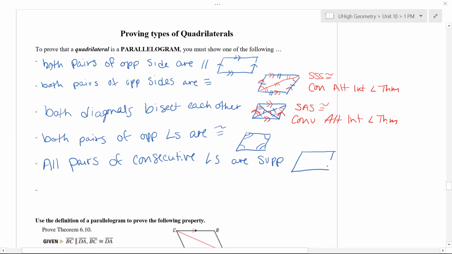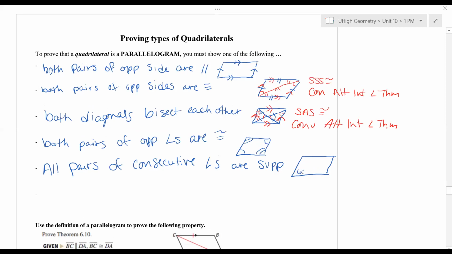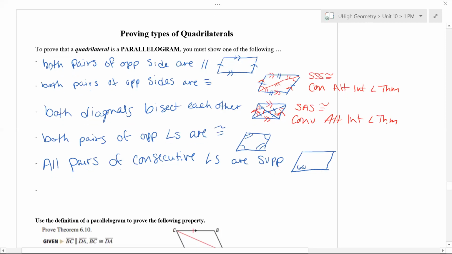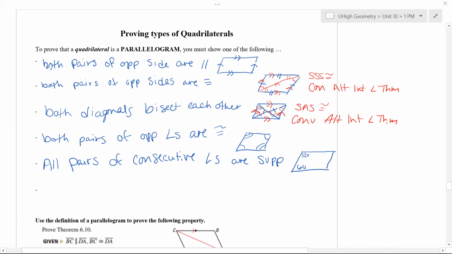If I put in some arbitrary angles that are supplementary, say I have one angle that's 60 and one of the consecutive angles is 120, then what I'm going to have here is two supplementary angles.